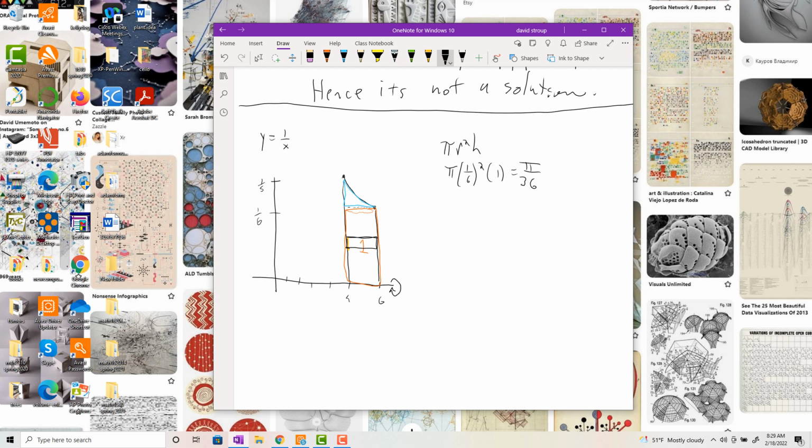You need the radius, which will just be given by y, and then you need the height of the shell, which in this case is always going to be 1. If you rotate this, the resulting shell for that particular little rectangle would be this object.